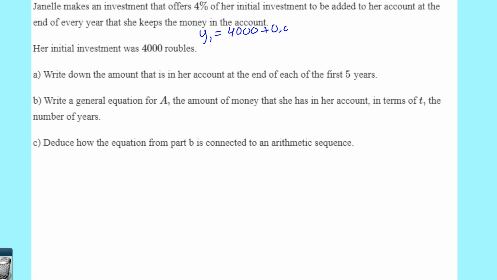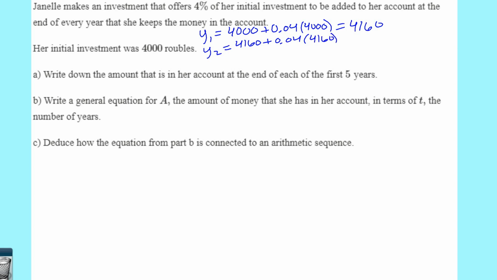So 0.04 of 4,000. Okay, so that is going to be 160 plus 4,000. So at the end of year 1, she has 4,160. At the end of year 2, we're going to take that 4,160 and we're going to add 4% of that.